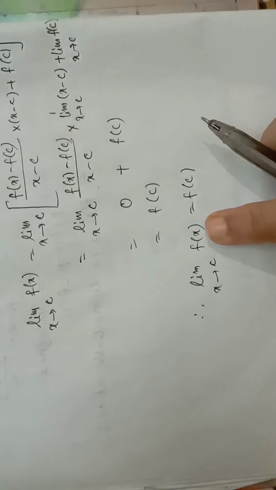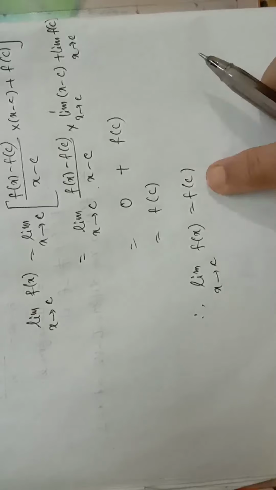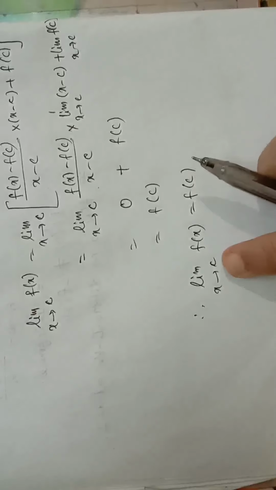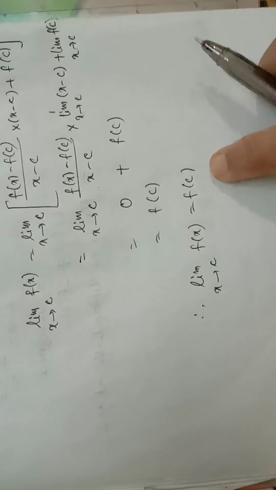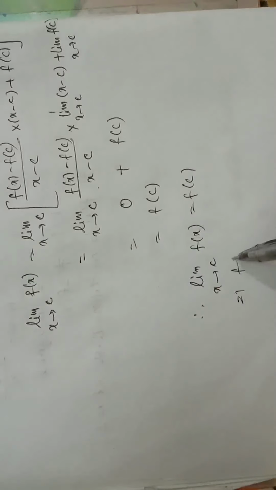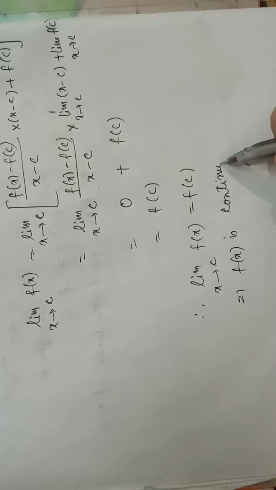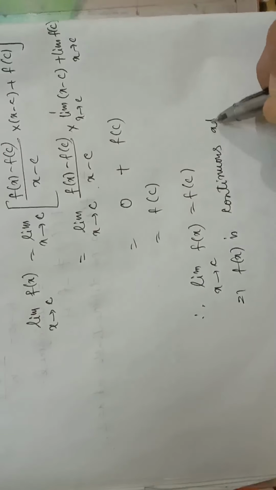Limiting value of the function at x equal to c equals the functional value. This is the definition of continuity. Limit x tends to c f x equal to f of c is the definition of continuity of a function at x equal to c. This implies f x is continuous at x equal to c.